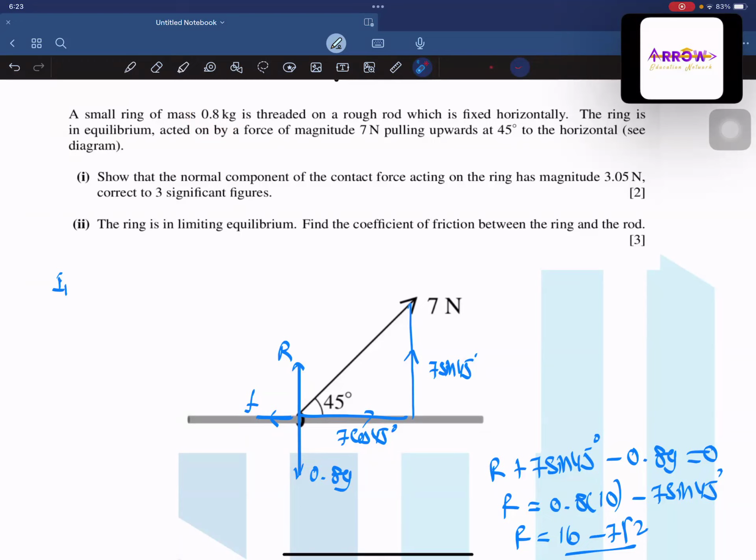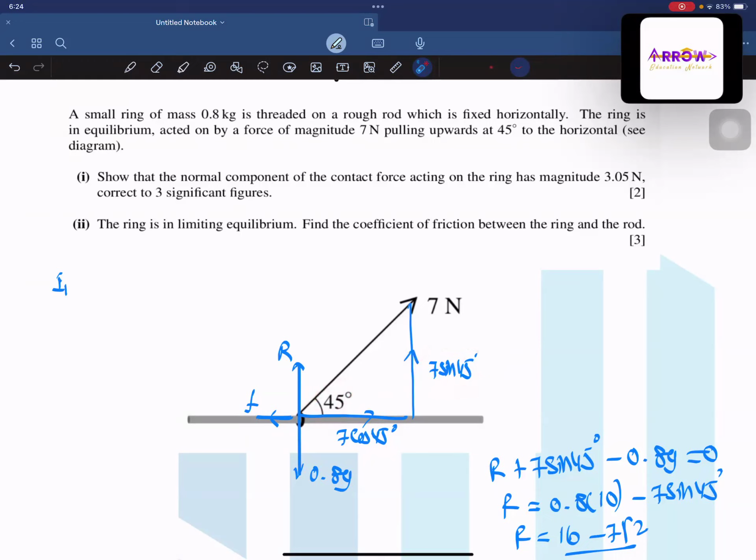And since this force of magnitude 7 Newton is acting at an angle of 45 degree to the horizontal, the horizontal component along the rod would be 7 cos 45, because this is adjacent with this angle 45, and the component which is perpendicular with the rod would be acting up. Since this is opposite to this angle 45 degrees, this is 7 sine 45.